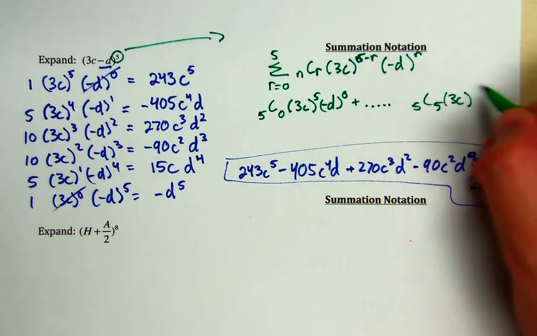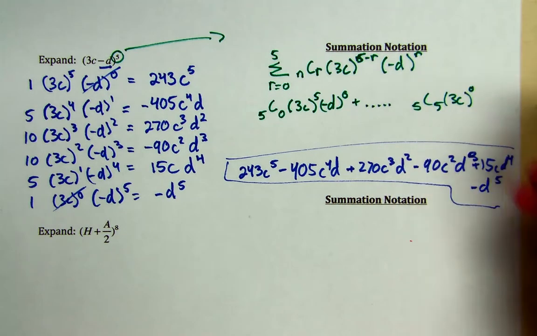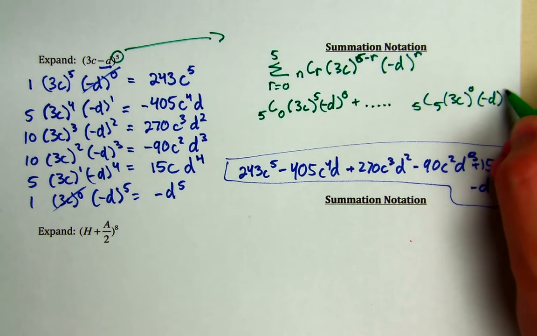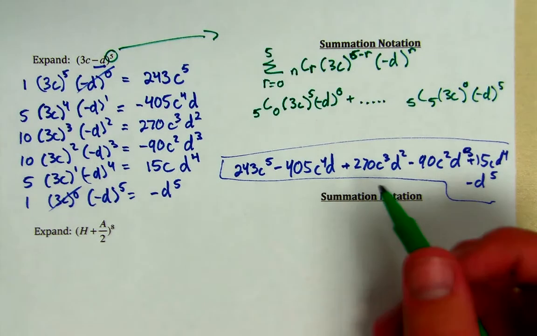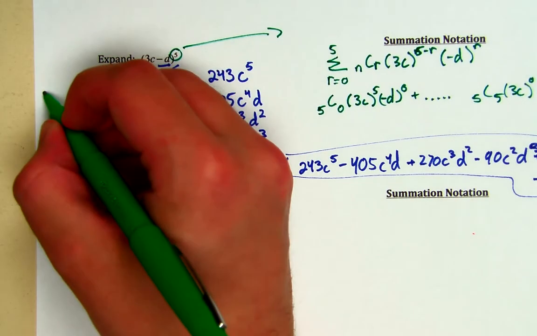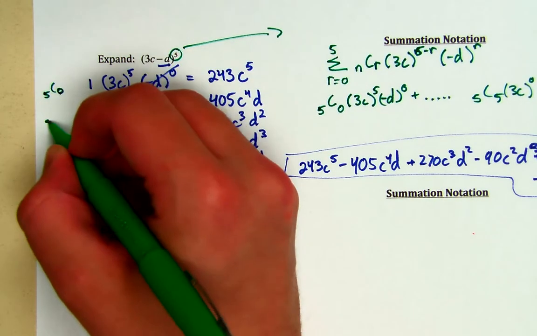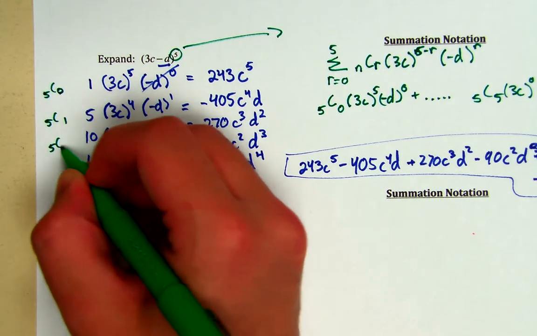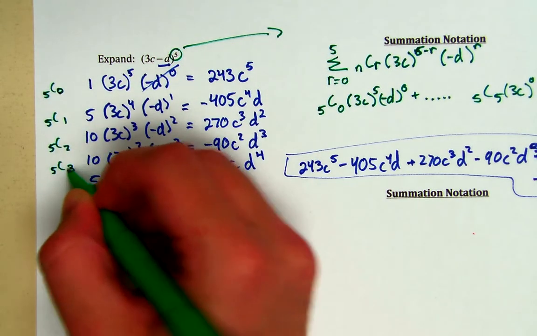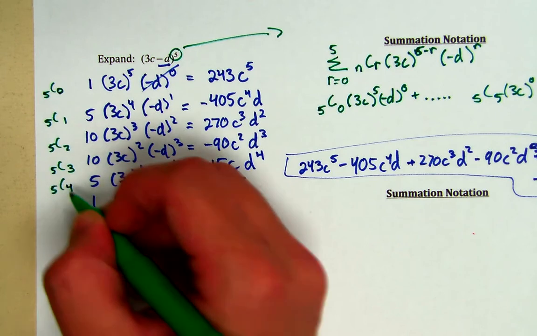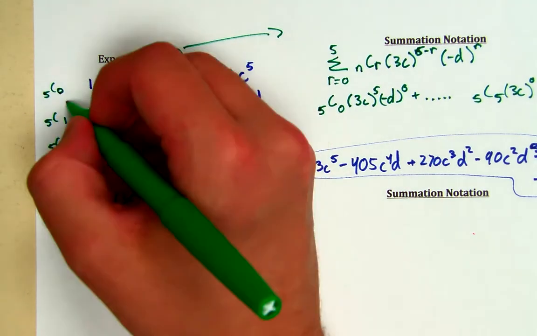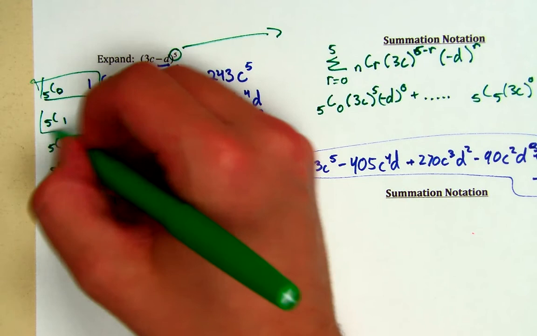3c, again, there's going to be no term there because 5 minus 5 is 0. Negative d to the 5th. But, again, these all come from 5 choose 0, 5 choose 1, 5 choose 2, 5 choose 3, 5 choose 4, 5 choose 5. That's where these terms come from.